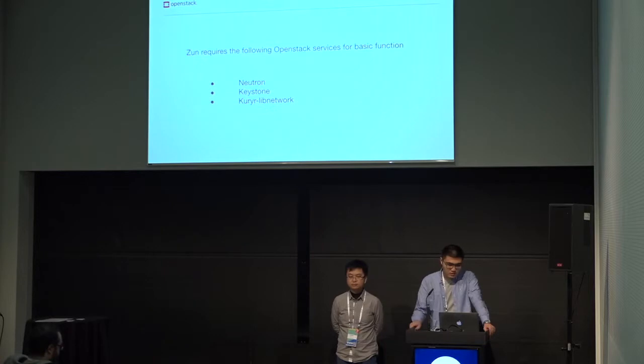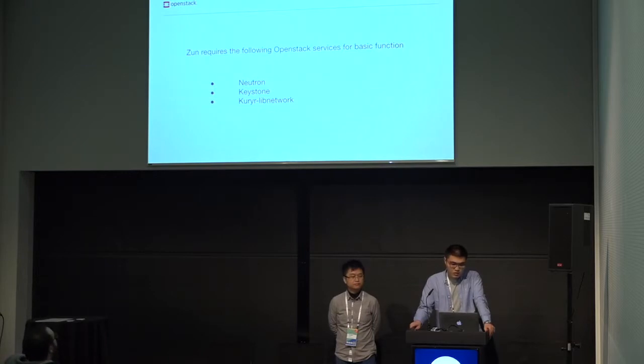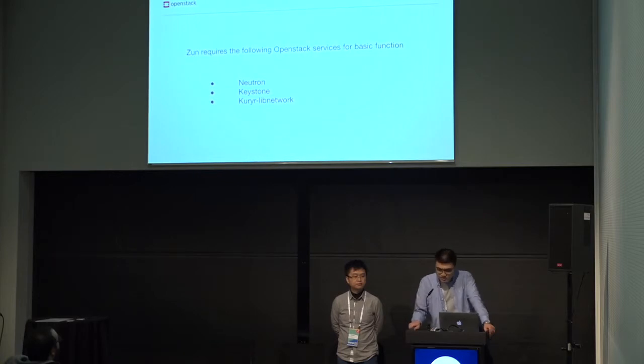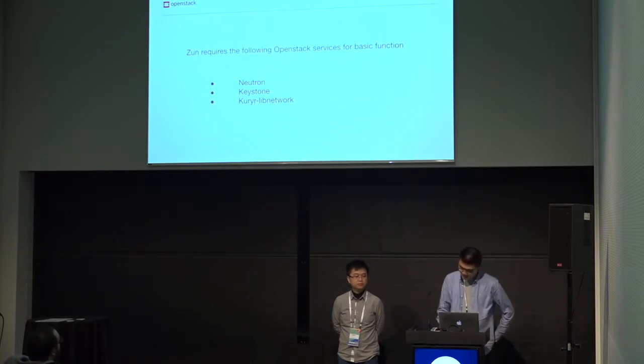And you can see the OpenStack services that we require for the basic functions: Neutron, Keystone, and Kuryr-libnetwork. Neutron provides the network service for Zun. So when you use Neutron, Neutron functions such as security groups can also be used in Zun containers.